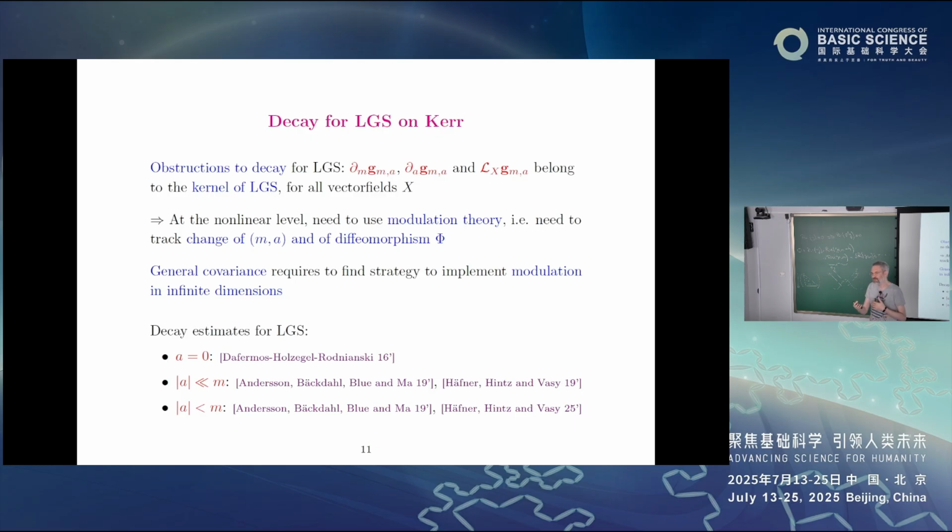It allows you to have a statement where, even when there is no decay, it can tell you a decomposition: a finite number of possibly growing modes plus a decaying part. The strength of this method in particular is that it absolutely does not care about the Lagrangian structure of the equation. I do care. The methods that we use, that I explained, fundamentally rely on the Lagrangian. The Hintz-Vasy method does not care at all about the Lagrangian structure. They can do it even without.